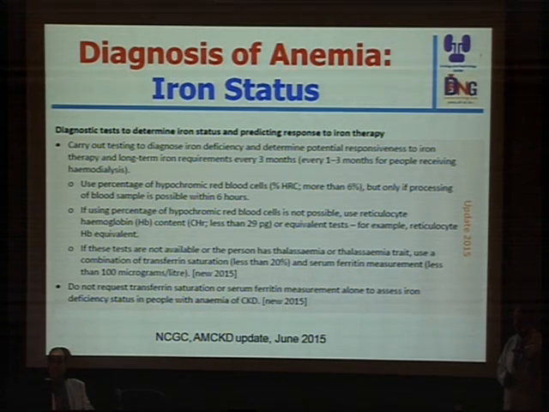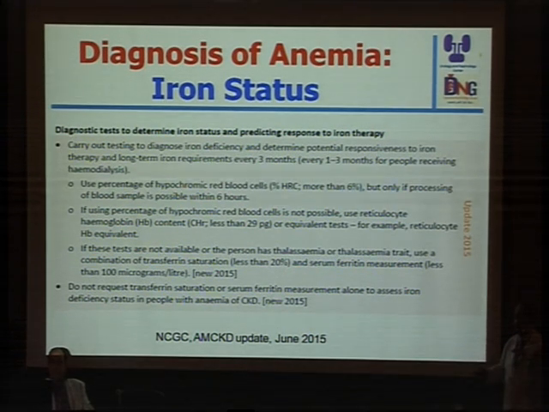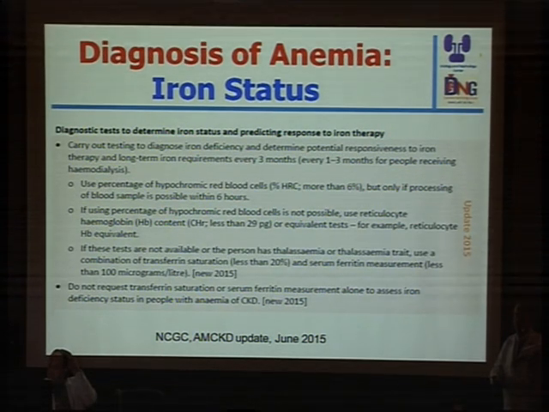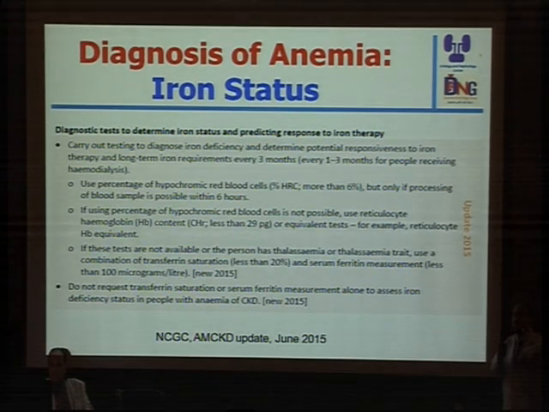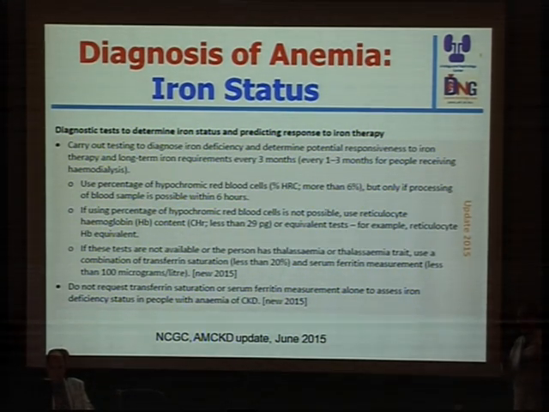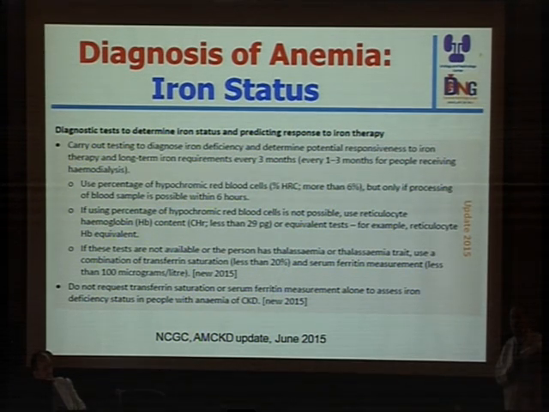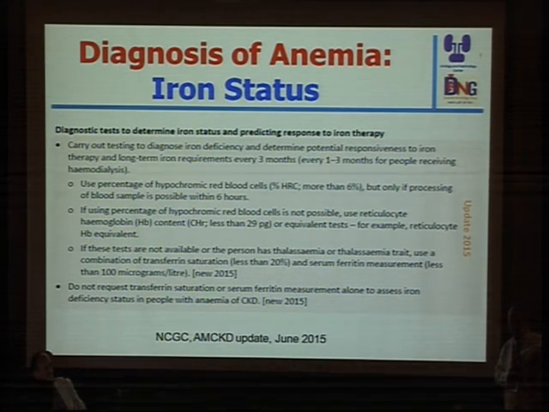If I don't have the capability for this test, neither the hypochromic red cells nor reticulocyte hemoglobin, I'll depend on the practical available parameters, which are transferrin saturation and ferritin. But I should measure both of them. And then I consider that if ferritin is less than 100 and transferrin saturation less than 20%, this is a case of absolute iron deficiency.